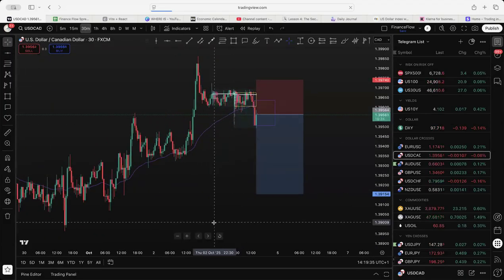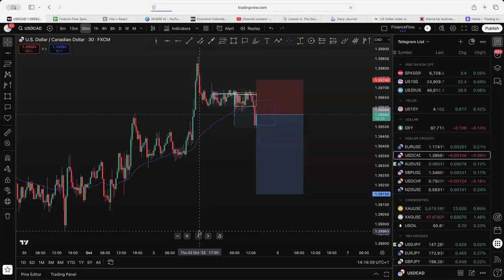USD CAD. There we go. That's number one. So I'm going to take that right now. So bear with me. Come on, load. There we go. USD CAD.